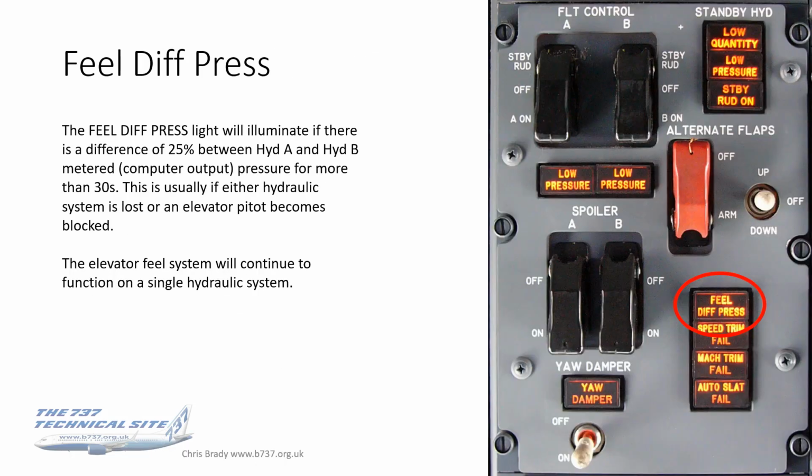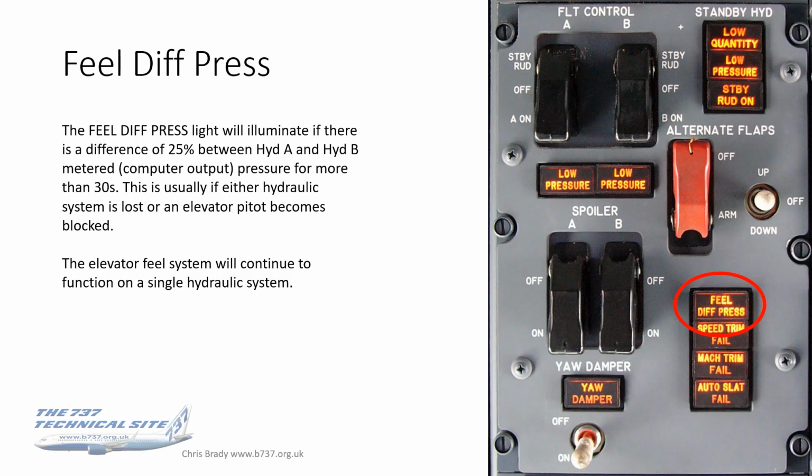Now, I'll just take this opportunity to mention the feel differential pressure light, because that's how we see it in the flight deck. That really is our most obvious manifestation of it. I think we kind of forget that what we're feeling through the control column is actually artificial feel. But it is.